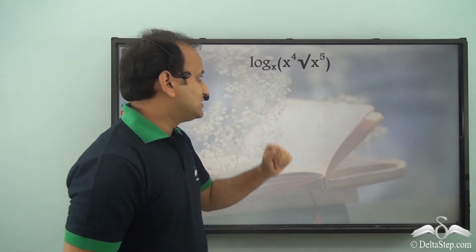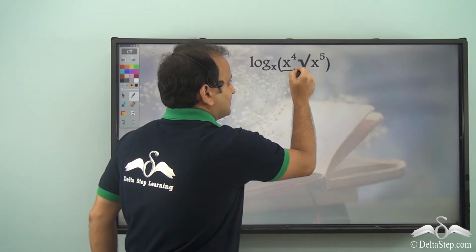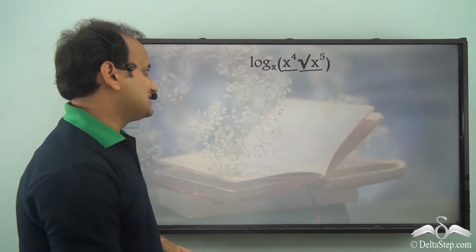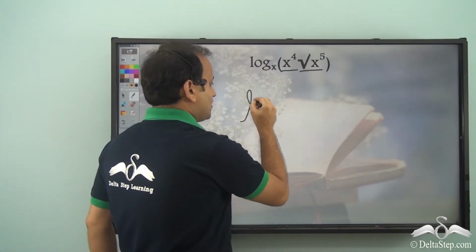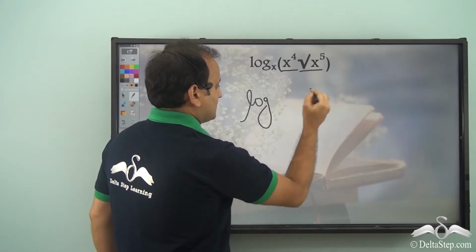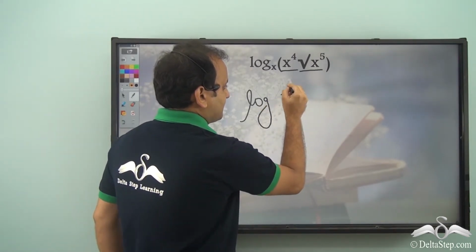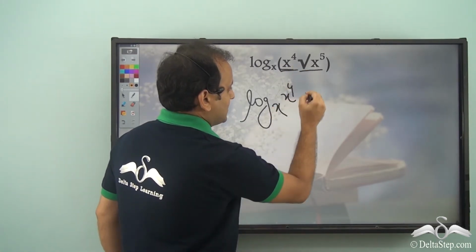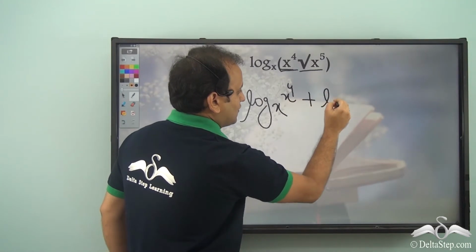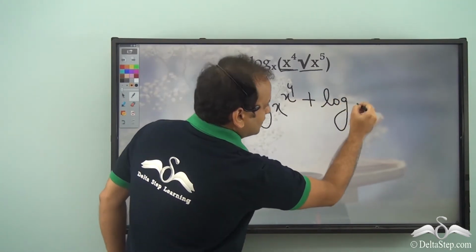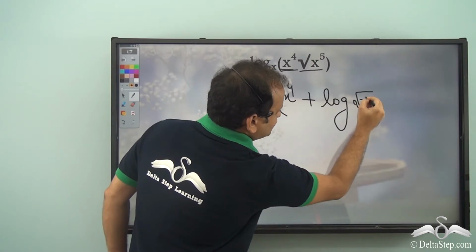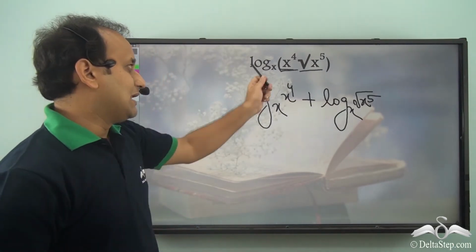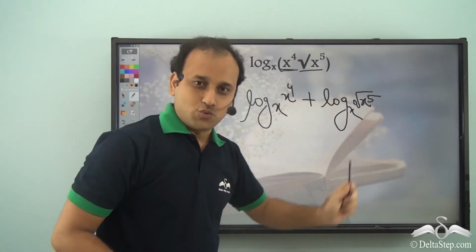So we know that the product law means that if we have something like x into y sort of a format, then we can write it as log of x to the power of 4, which is this, to the base x, plus log of root x to the power of 5 to the base x. Now with the help of product law, we have broken it into two parts.